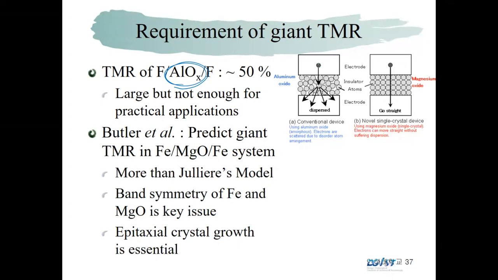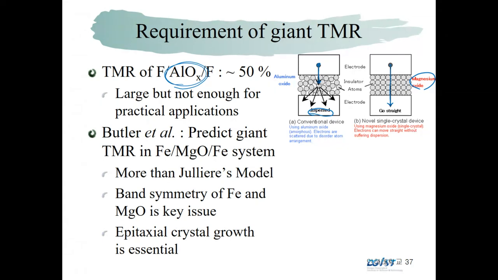So when an electron tunnels through the aluminum oxide layer, the tunneled electron has some dispersed characteristic. Okay, while with an MgO layer, they form a very nice crystal, so the electron can tunnel at a high rate.